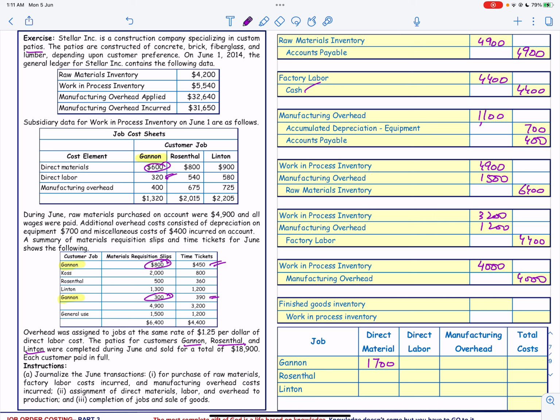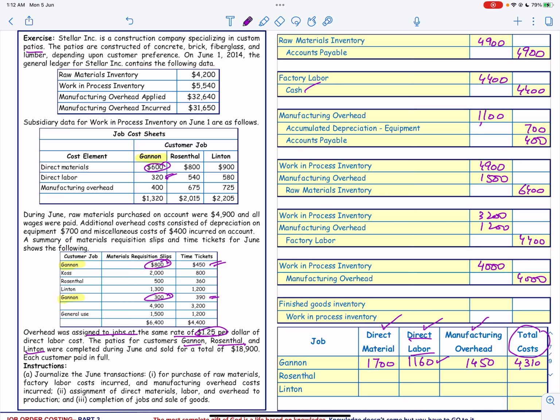So 320 plus 450 plus 390 is 1,160. So this is the direct labor, and you can see that the overhead was assigned to the jobs at the rate of 1.25 of direct labor. So 1.25 of 1,160 is 1,450, and the total cost is direct material, direct labor and manufacturing overhead, that is 4,310.